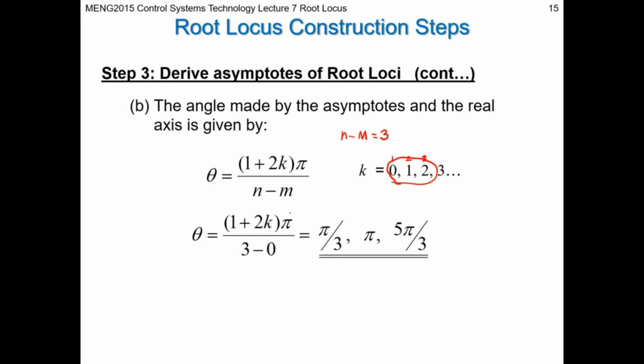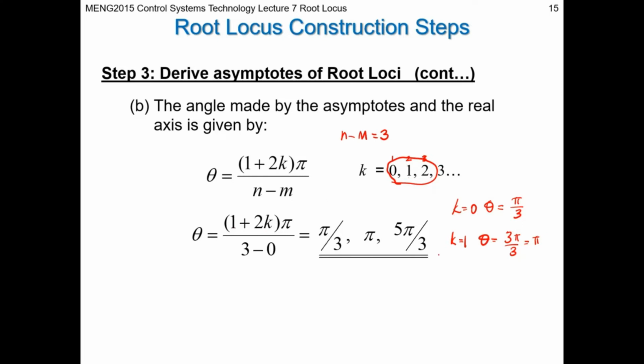When k equals 0, which is the first value of k for which we assess theta, this goes to 0, so it's just going to be pi over 3. When k equals 1, it's going to be 1 plus 2, which is 3 pi upon 3, which is just pi.